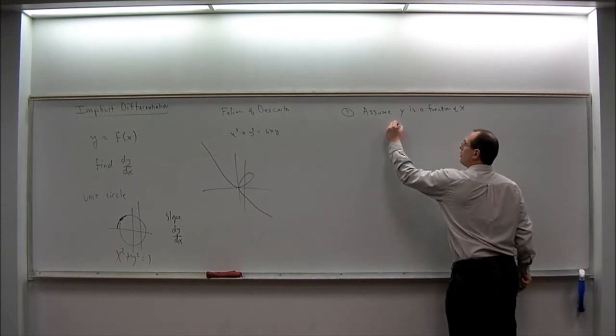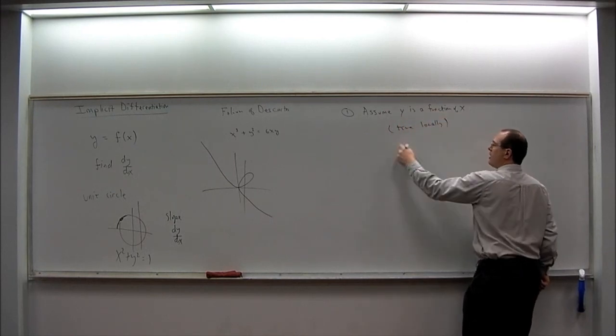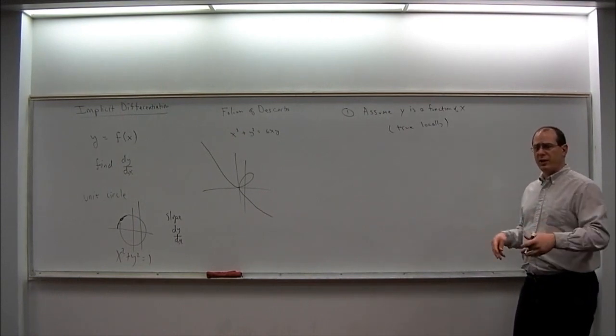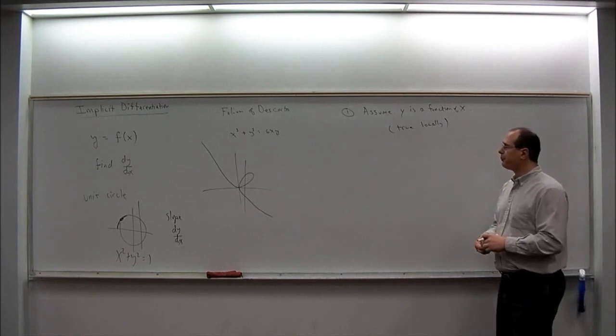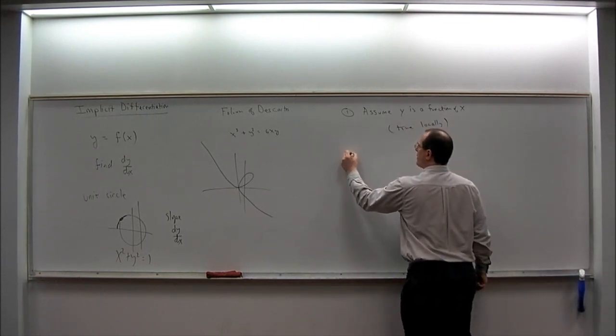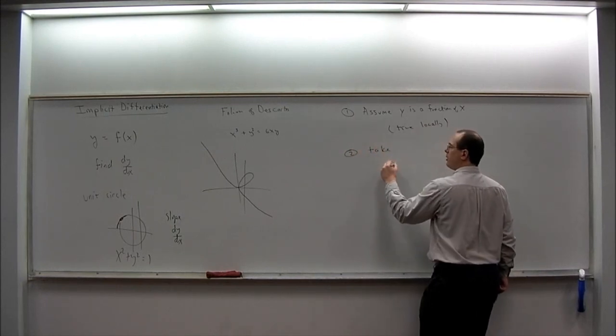This is true locally. It's not true for the entire curve, but it's true for small portions of the curve which are sufficient to tell us the slope at a given point. So after we assume y is a function of x, the next step is to take the derivative of both sides of the equation.